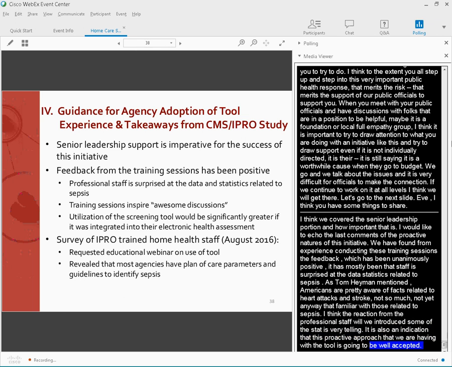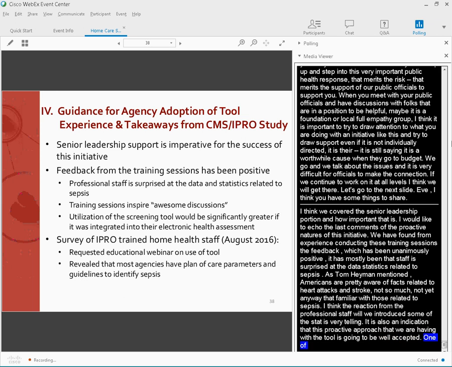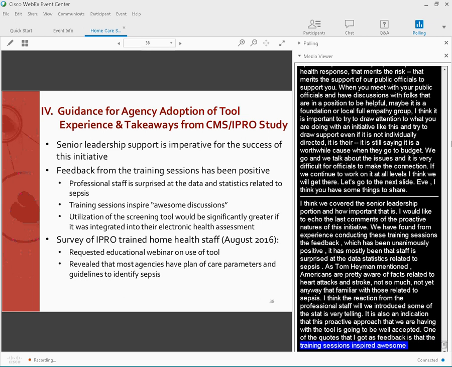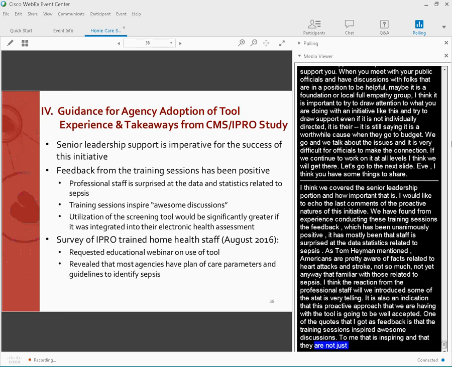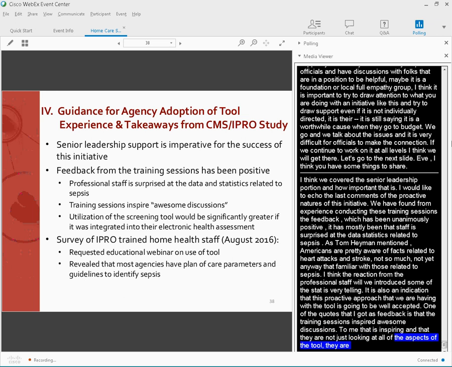One of the quotes that I got as feedback is that the training sessions inspired awesome discussions. And that really, to me, is very inspiring in that they're not just looking at all the aspects of the tool, but they're also having discussions about how can they implement it, how can they utilize it in their agency.